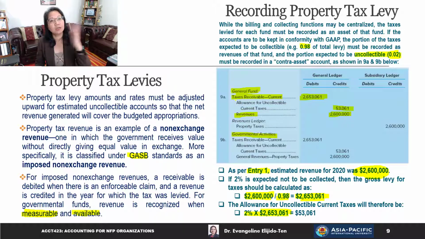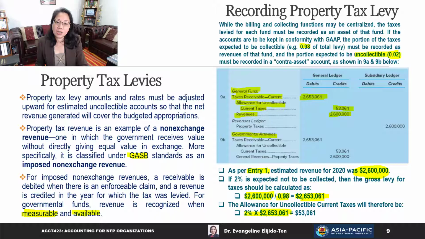And that would be credited to allowance for uncollectible current taxes. So this will be your contra asset account. Now you would have encountered this allowance for bad debts in your financial accounting earlier on. So this is similar, allowance for uncollectible current taxes.